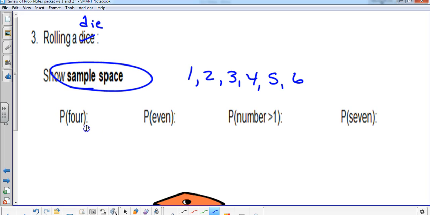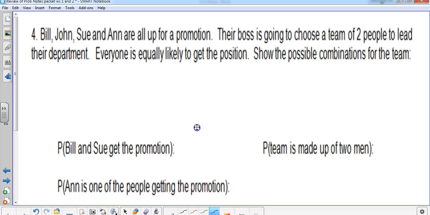So real quick, probability of getting a 4, an even number, 3 out of 6. Number greater than 1? And a 7. 0. Okay. The common sense check, right? All right. We were assuming traditional dice. Yes, you're very correct.